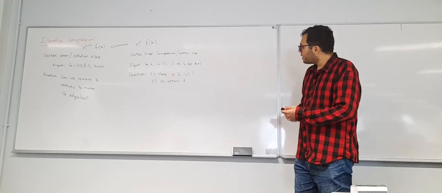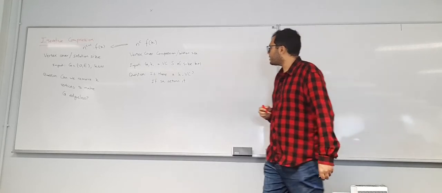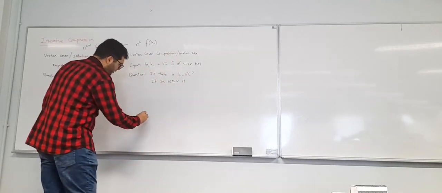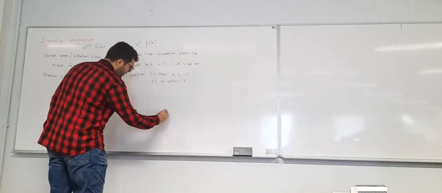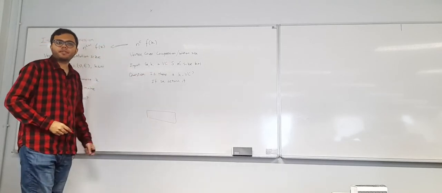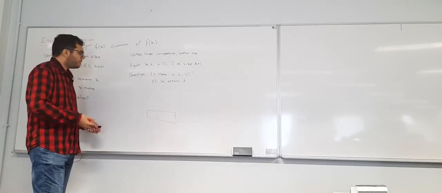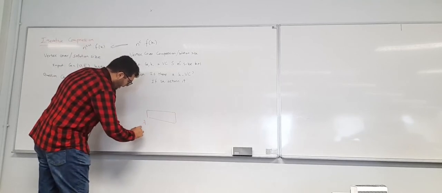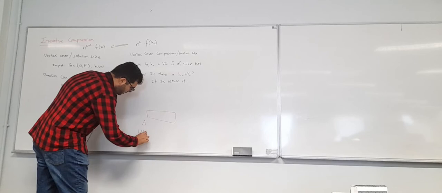Okay. So here's the thing. Let's say that I just put my vertex cover here. So this is my vertex cover of size k plus 1. Let's call it A, and the size of A is just k plus 1.